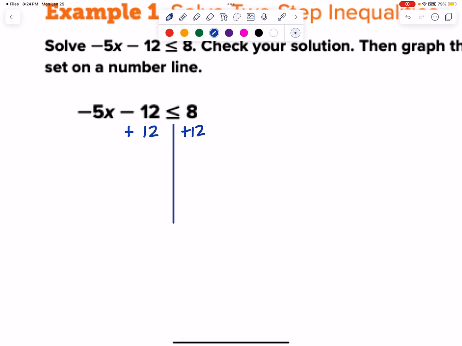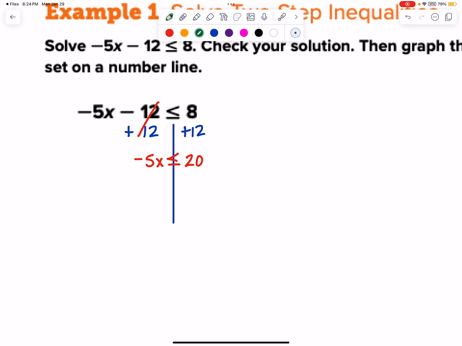After doing that, that goes away, and we have negative 5x is less than or equal to 20. Now, we didn't multiply or divide by a negative. Just because you see a negative doesn't mean that you change the sign.